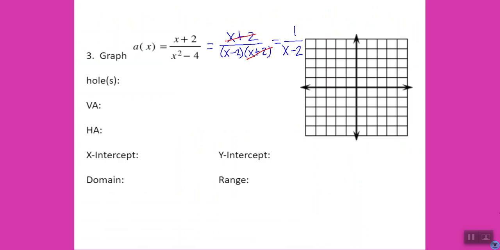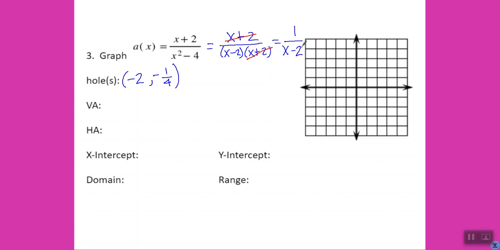Since x plus 2 was the factor that canceled, whatever would make that factor 0 is the x value of our hole. And then we plug that into this function. So 1 over negative 2 minus 2 would be 1 over negative 4. So negative 1/4.